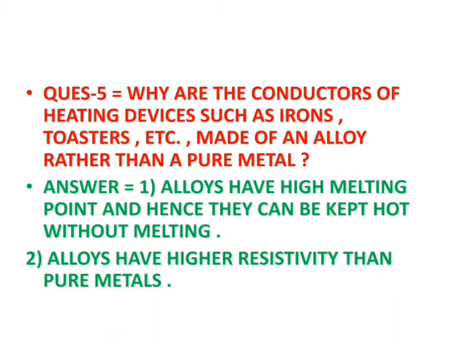The first point of this answer is that alloys have a high melting point and hence they can be kept hot without melting. The second point is that alloys have higher resistivity than pure metals. I have already told you this. And please pardon me, it's not question 5, it's question 2.